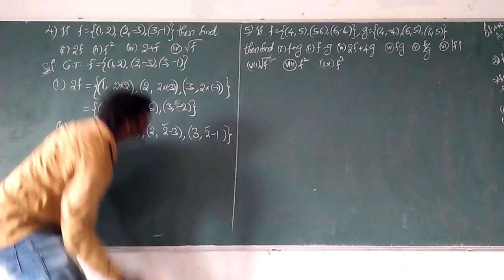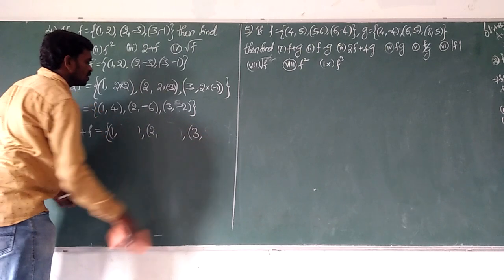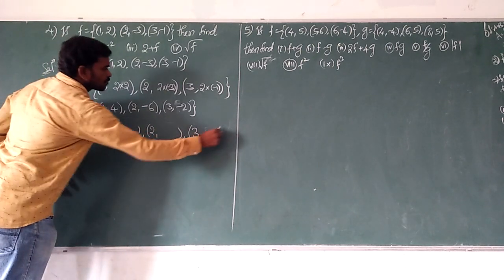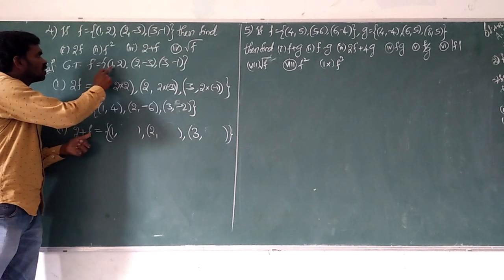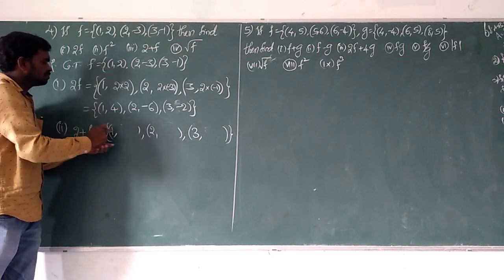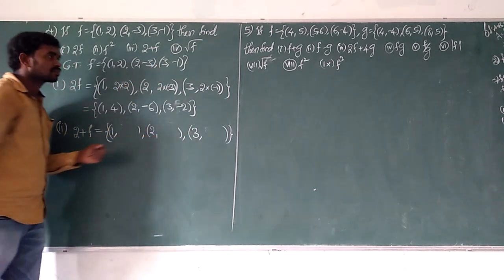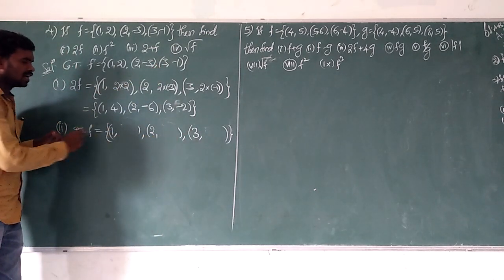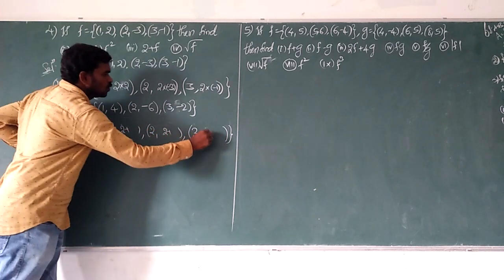Okay, write again. See once again. f means 1, and second pair 2, and third one 3. And 2 can be added to the images.